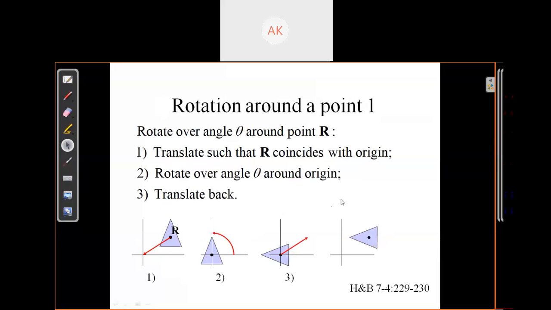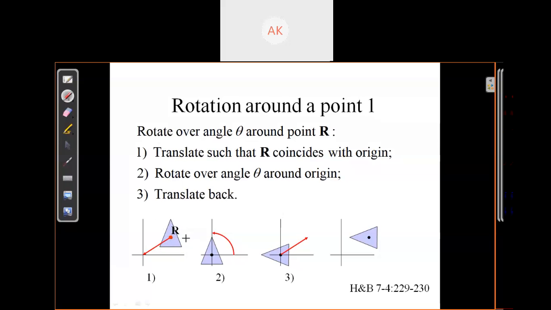So the next topic is general pure rotation. Just consider you want to rotate an object about a rotational point. As you can see on your screen, this is your object and this is your rotational point.